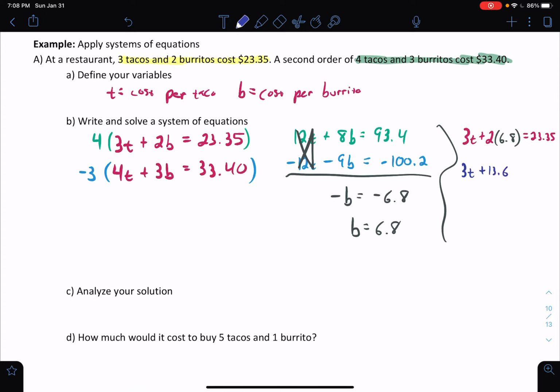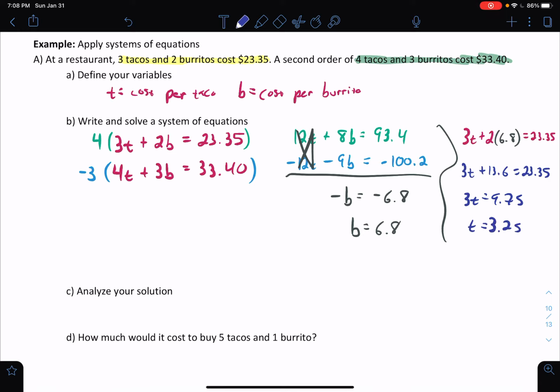So 3t plus 13.6 equals 23.35. I'm going to subtract 13.6 from both sides. And I'll get 3t equals 9.75. Divide by 3. T equals 3.25.